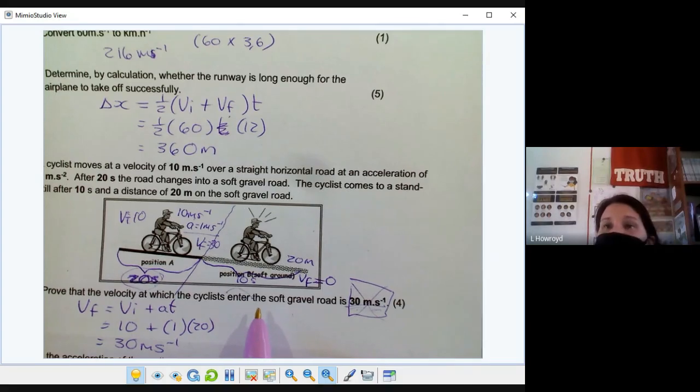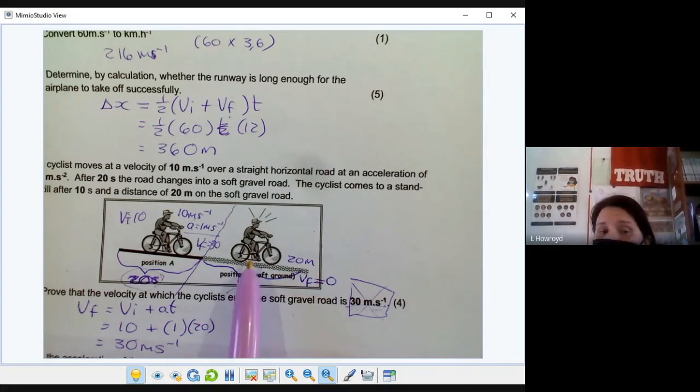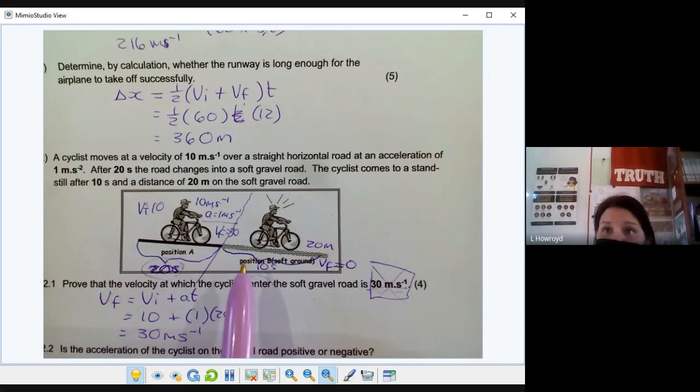Oh no, you know what? You can choose positive, yes. Going to the left, I think it's negative. No, but you know what? You get to choose your direction. So if there's no change in direction, I always encourage you to choose the direction of motion as positive, because it's just easier that way. Then everything's positive. You don't have to worry about any signs.